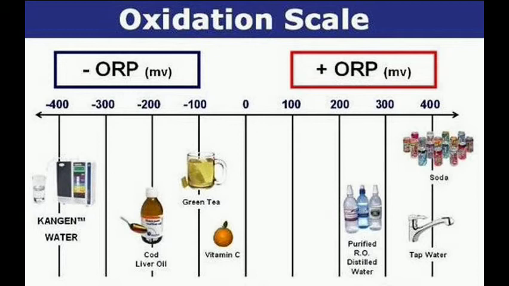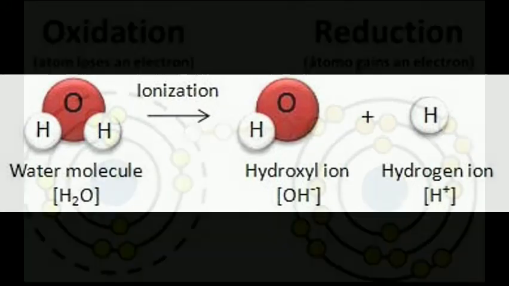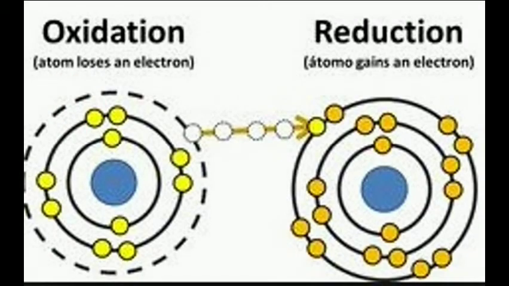Redox affects the solubility of nutrients, especially metal ions. Just as the transfer of hydrogen ions between chemical species determines the pH of an aqueous solution, the transfer of electrons between chemical species determines the reduction potential or redox potential of an aqueous solution.